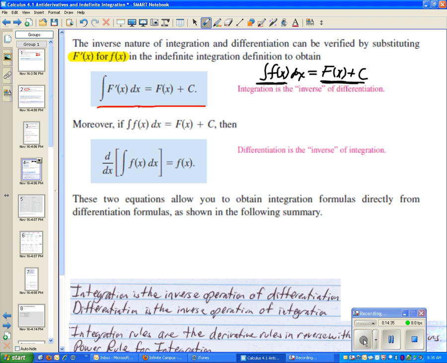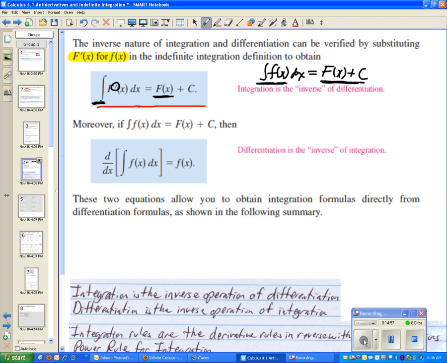What they wanted to do is replace f of x with capital F prime, so that you would see that the integral sign and the derivative notation are inverse operations, leaving you with what you started with.